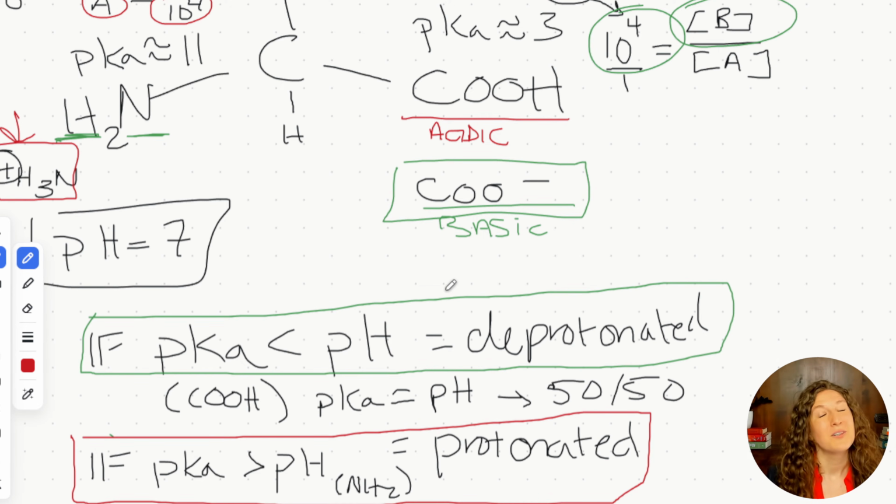And we've just proved why amino acids are zwitterions at physiological pH. We've got a negative charge on our carboxylic acid and a positive charge on our amino group, making this overall molecule neutral unless it has a charged R group. So our acidic amino acids have carboxylic acid R groups, so they'll be negative, and our basic amino acids have amino-based R groups, so they'll be positive.